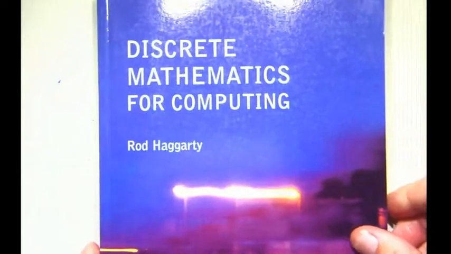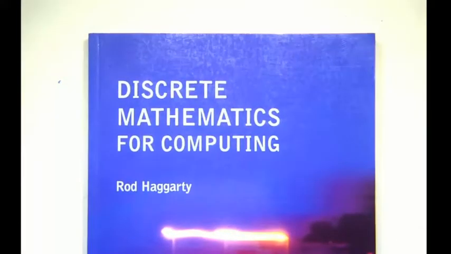It's paperback. There may be some second-hand copies around from past year students. I've recommended this book before, so don't rush out and buy a brand new one, even on Amazon. You'll get it much cheaper if you can get a second-hand copy. So if you want a book, you may find you don't, but if you want one, there you go. There's a book. You could try that one. This is not a topic where there are only about 2 books in the whole world that you can get.